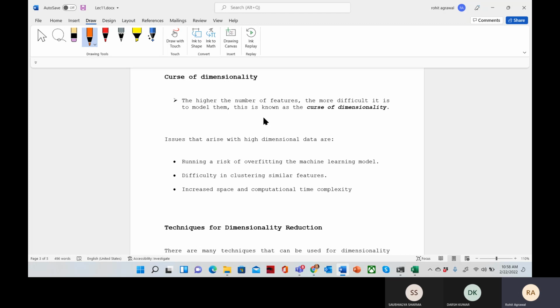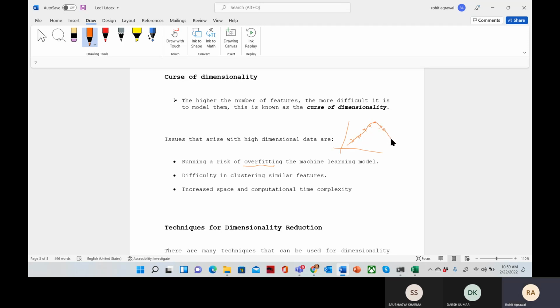What are the issues we have already discussed? See, what is overfitting? I think this is new for you. No, sir, remember in the first class we discussed overfitting and underfitting. Suppose these are your samples, and suppose this is your model.